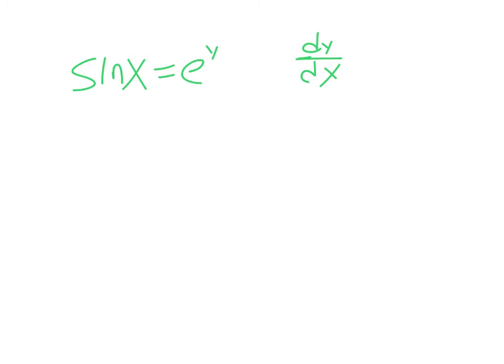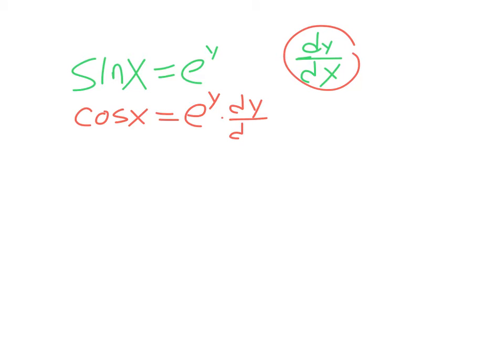Okay, and that means I know I'm looking for y prime and get y prime by itself. Taking the derivative of both sides, we're going to have cosine of x, and the derivative of e to the stuff is e to the stuff times the derivative of stuff, dy dx, or just y prime if you prefer.